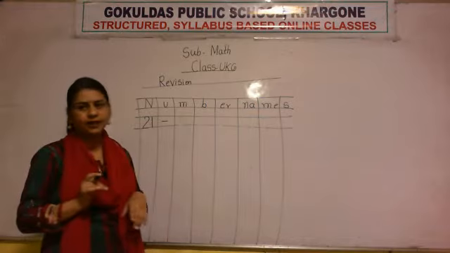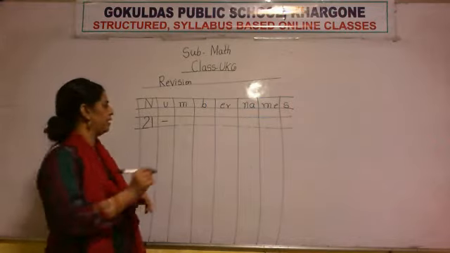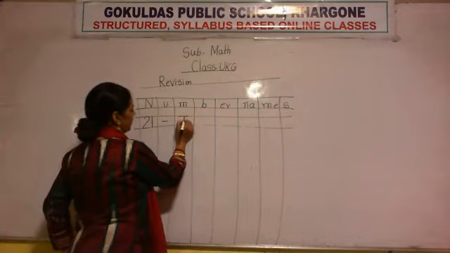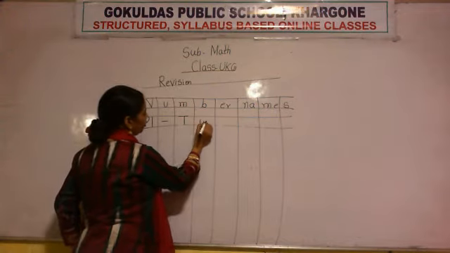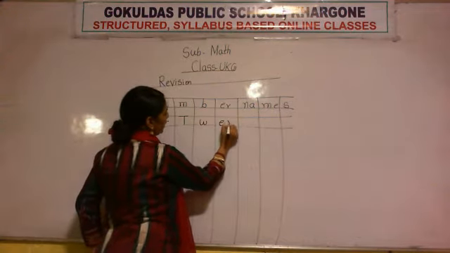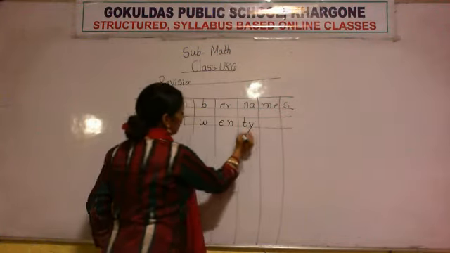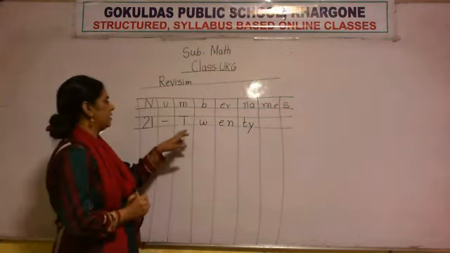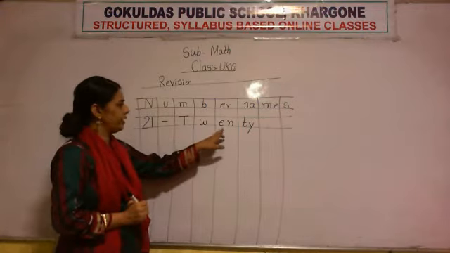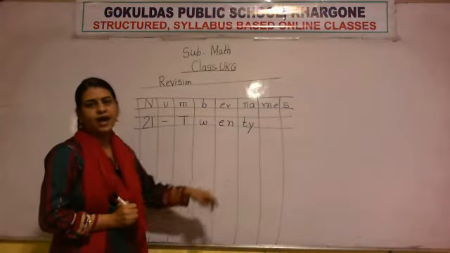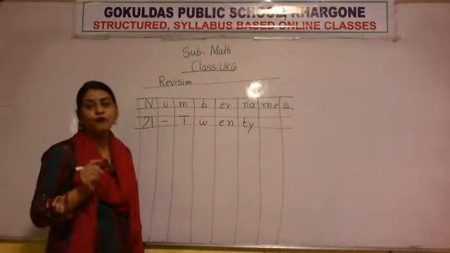Okay, so let's start writing. You have to write with me. Now write here T W E N T Y. This is the spelling of 20. Now the spelling of 1.